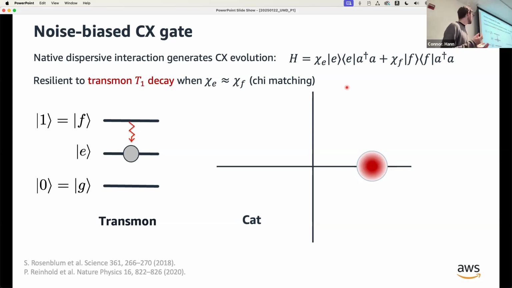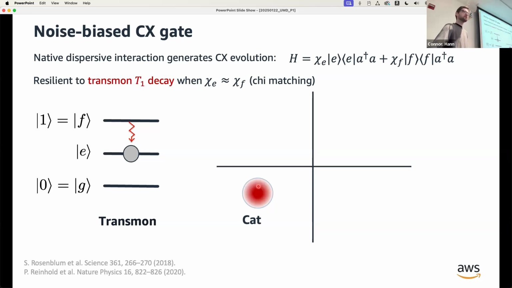So to see this robustness and how it works out, let's consider the case where I initialize the transmon in the state F, but it suffers a T1 error, and so it decays to the state E. In that case, what happens when we evolve under this Hamiltonian is now the mode will rotate at the rate chi E, which might not be exactly equal to the rate chi F, but it should be close enough so that the cat approximately undergoes the desired rotation.